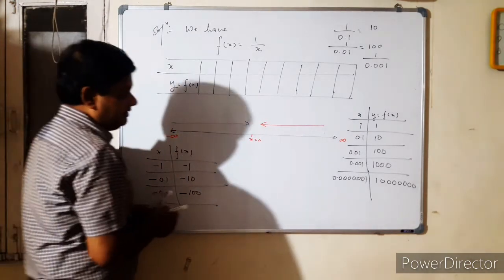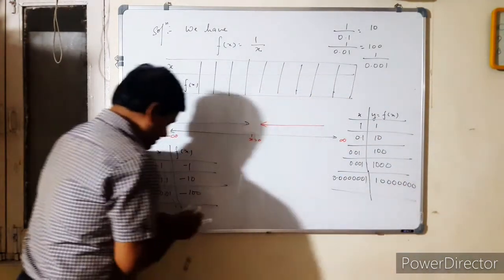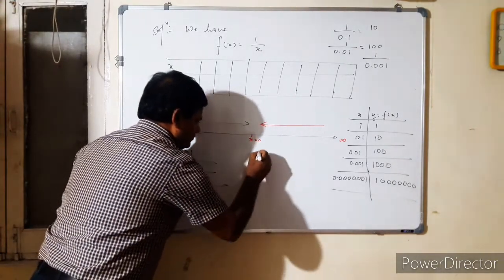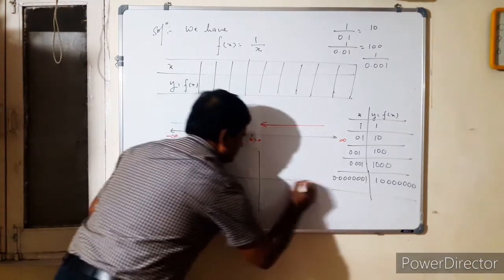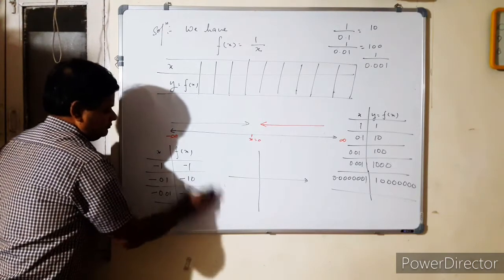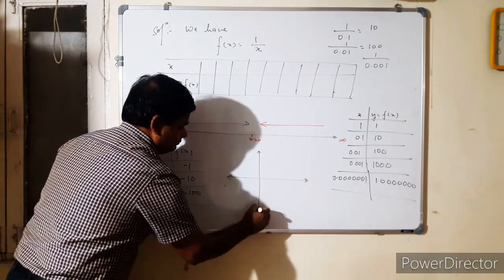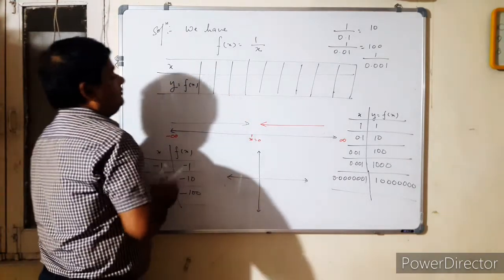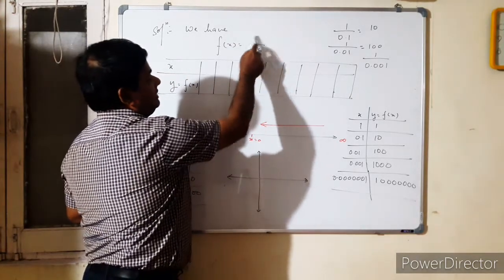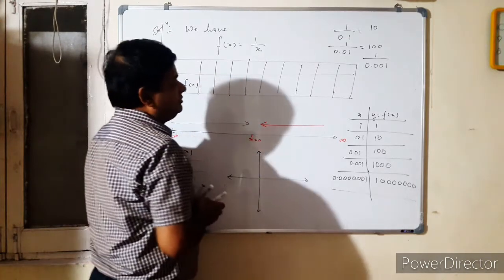So now I am drawing the graph. When x is infinity, then fx becomes 0.